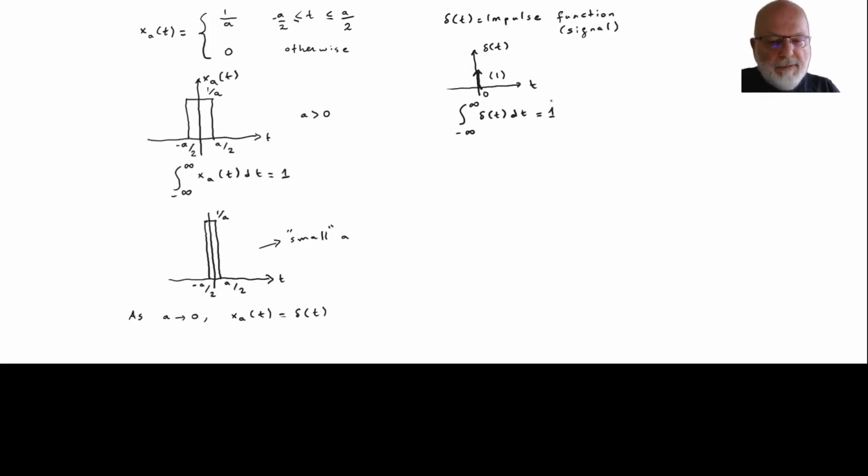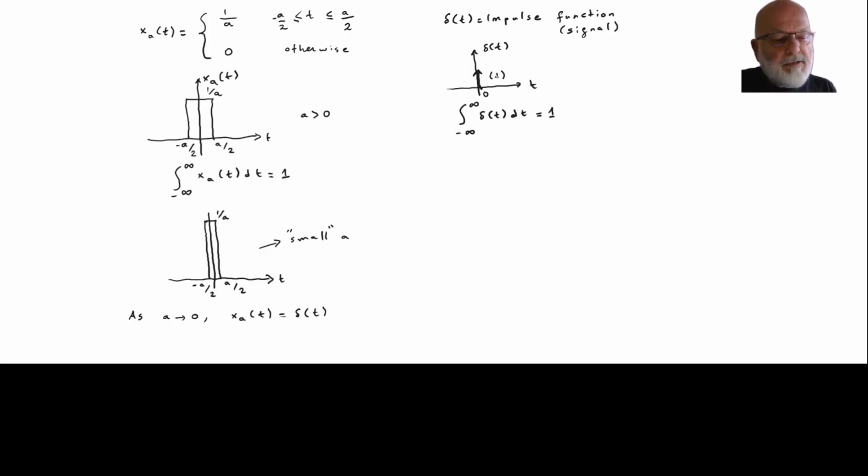For instance, if instead of defining xa of t as 1 over a in the interval from minus a over 2 to a over 2, we start with, for instance, 5 over a, then the integral will be equal to 5.